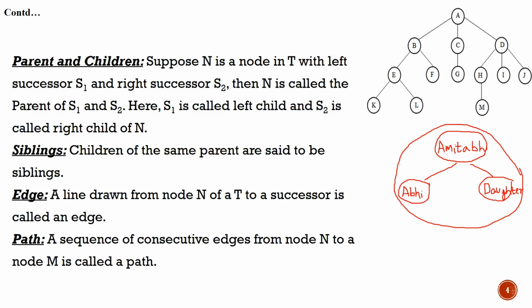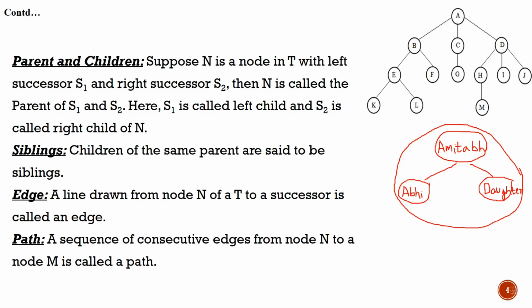In general, A is a node whose children are B, C, and D. B is a parent of E and F. E is the parent of K and L. K and L are the children of E. E and F are the children of B. B, C, D are the children of A. That relation we call a parent-children relation.